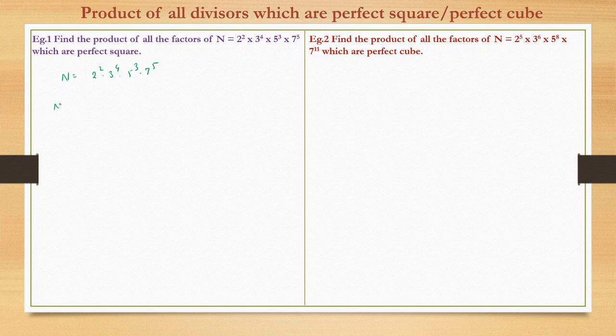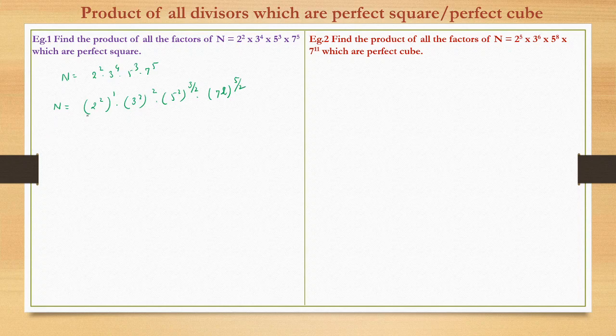We can write n as 2 square raised to power 1 into 3 square raised to power 2 into 5 square raised to power 3 by 2 into 7 square raised to power 5 by 2.